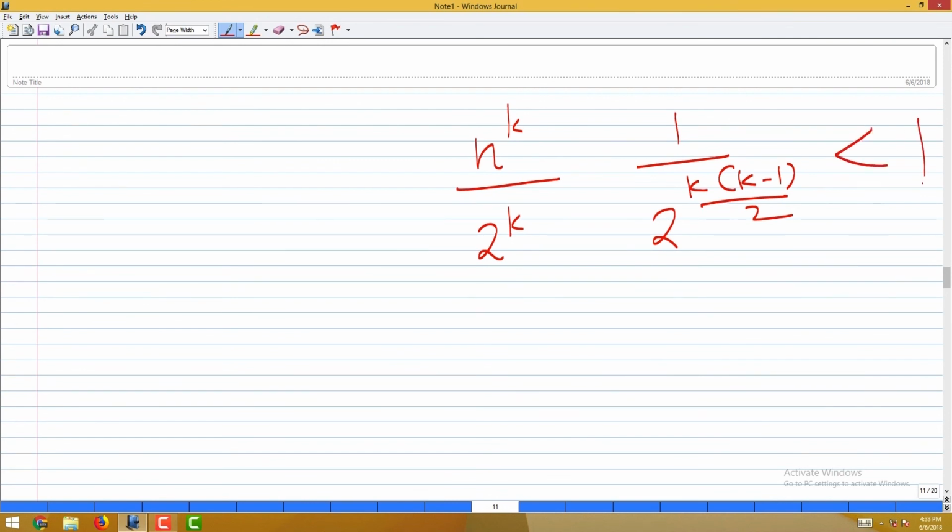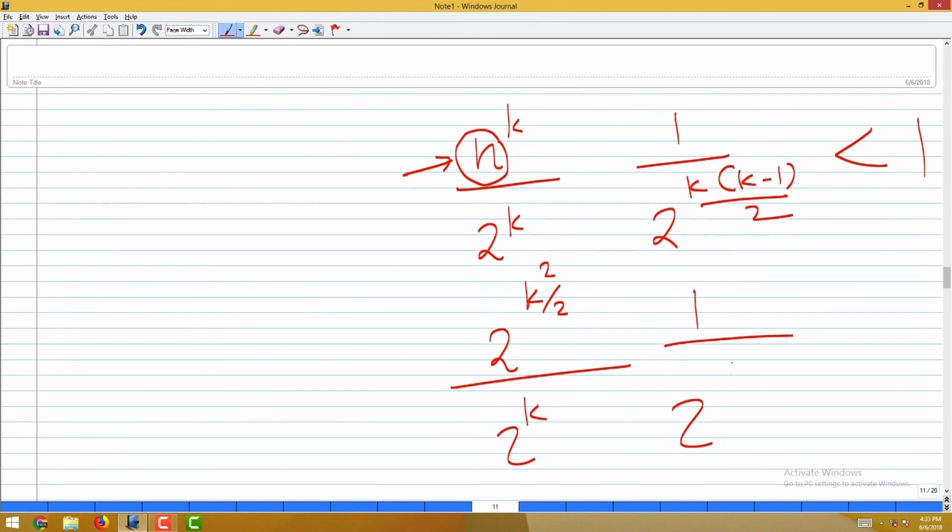If this is less than 1, everything else I wrote previously was less than 1, because I took bigger ones here. And my aim is to put n as 2 raised to k by 2. I will just put 2 raised to k by 2 here, right. That means 2 raised to k square by 2 raised to k, and 1 by 2 raised to k square by 2 minus k by 2.